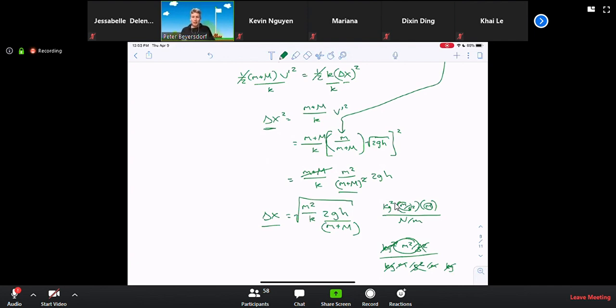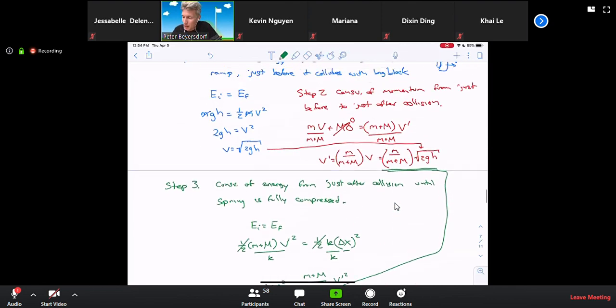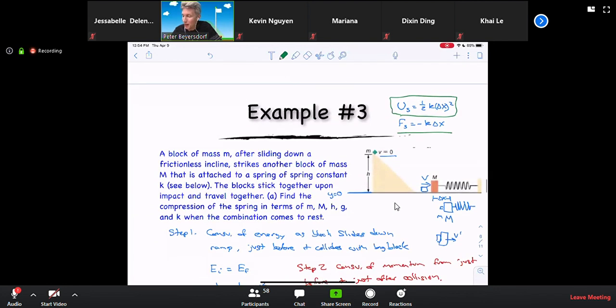I'll give you about 10 more seconds to get in any further questions on this problem before we move on. This is one of those problems that involves conservation laws, but we have to know when to apply them. That's really the key. When things are moving up and down, that's often a good time to use conservation of energy, because we can convert the change in potential energy to a change in kinetic energy.